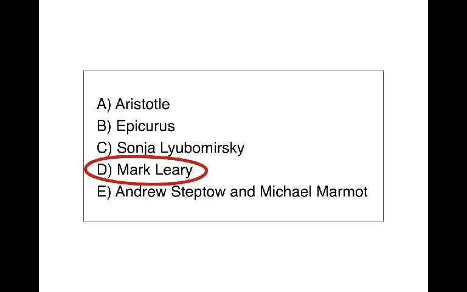That's the one that is mentioned least, or has the smallest amount of information about it. So if we start with Mark Leary, we're going to read about him and the information about what he said about happiness and try and match that with one of the statements.